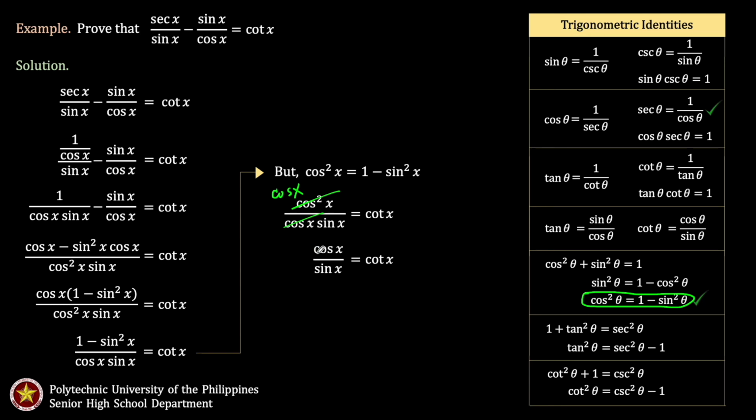And now that will give us cosine x over sine x. But the expression on the left part is equal to cotangent x. Hence, we can say that cotangent x on the right part is just equal to cotangent x on the left part. And now, we have just proven our given identity.